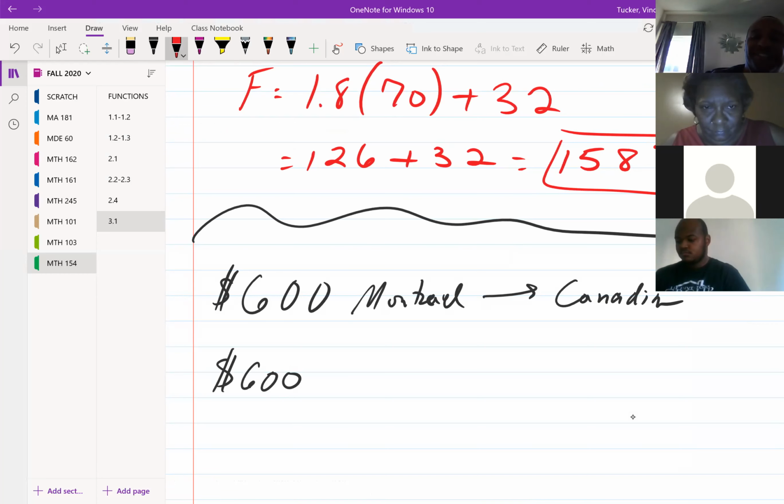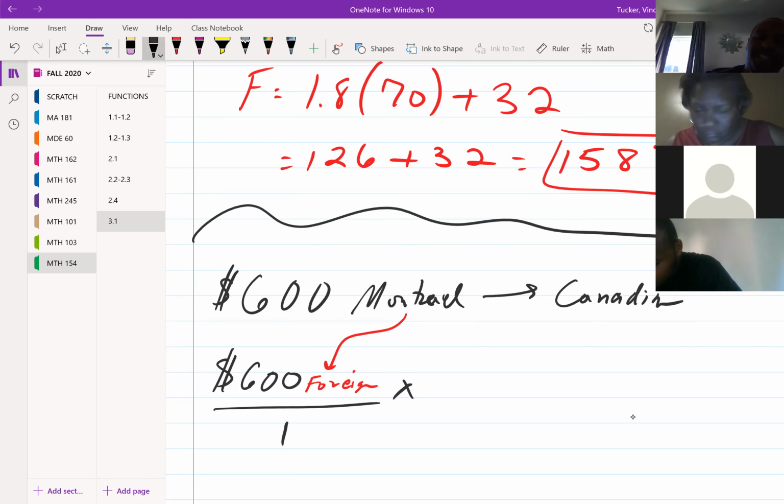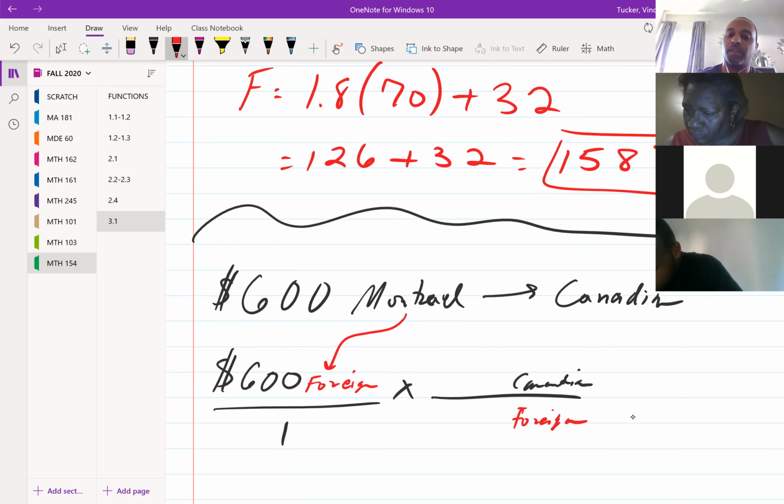Montreal is going to be foreign, and we want to convert it to the Canadian dollar, so we need the foreign to be on the bottom. That means we're looking at dollars per foreign.